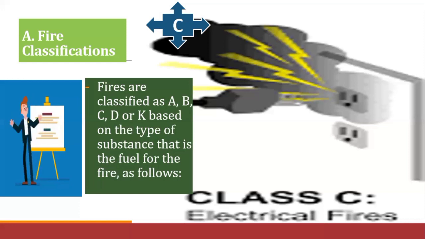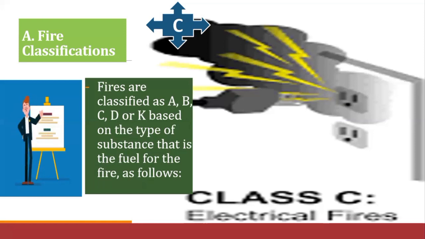There are ways you can deal with Class C fires. You can go to the fuse box, what we call the contador. You can switch it down, pull it down, and make sure that there is no current of electricity.